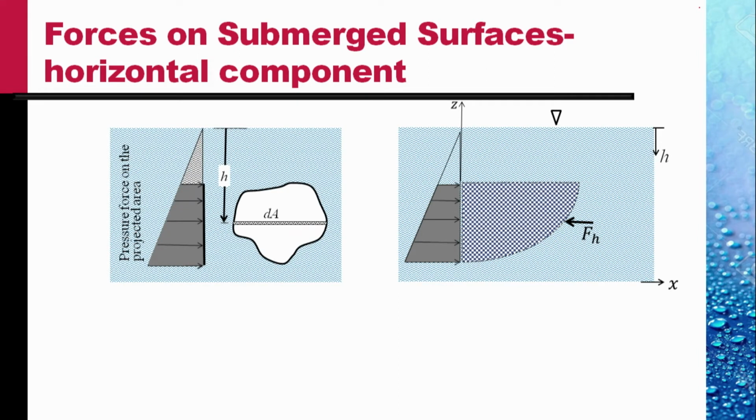To evaluate the force on this vertical flat plate, let the white area represent the projection of the original plate onto a vertical plane. The pressure distribution on this is as shown.